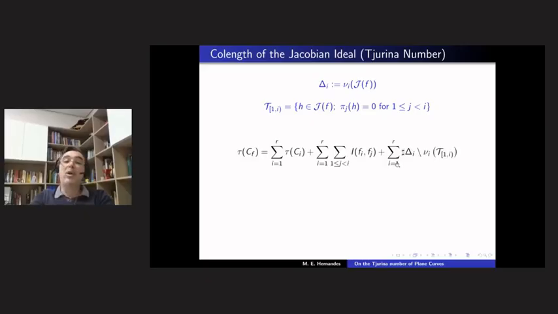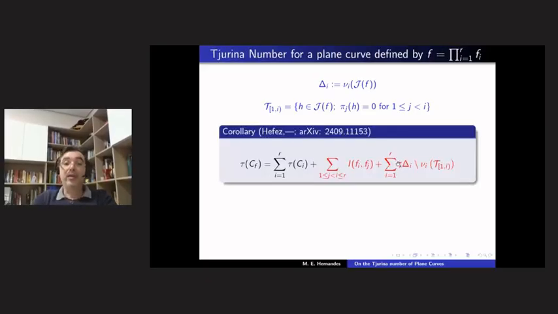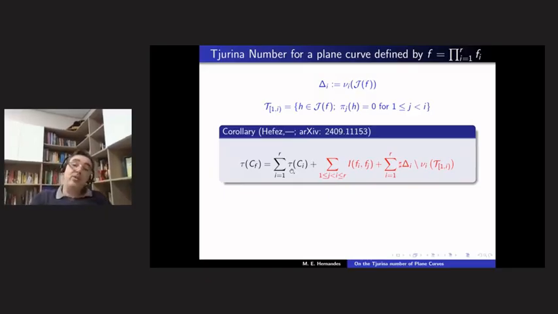In fact, we can put 2 here. Okay? So the red part is precisely the invariant we are looking for: the complete description of the Tjurina number in terms of the sum of the Tjurina numbers of each branch plus some invariants, a topological invariant and an analytical invariant.